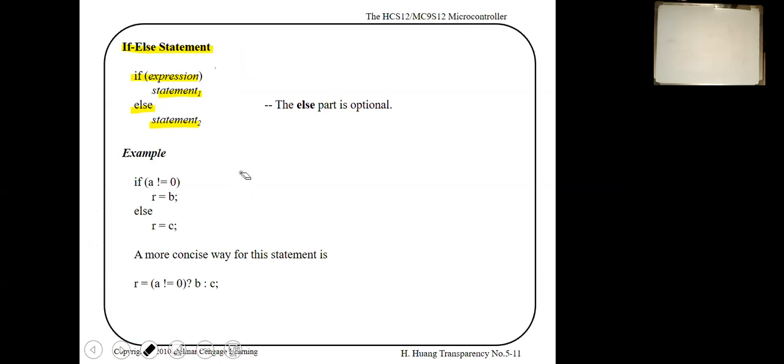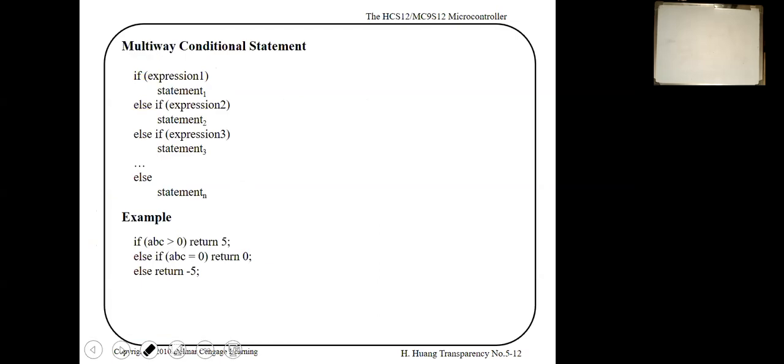Okay, so this is a single statement if, single statement else. We may have if, else if, else if, and so on. Same idea here. Every time there is more than one statement in the block, we need to use curly brackets.